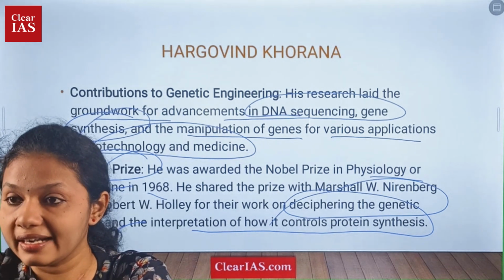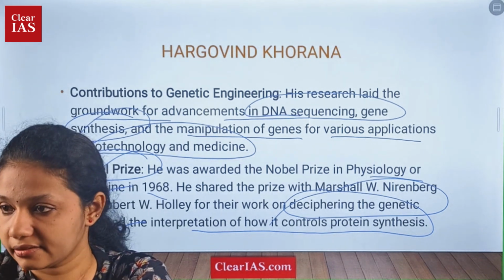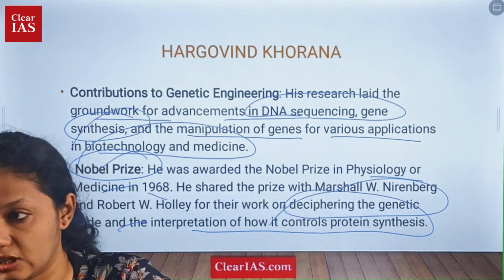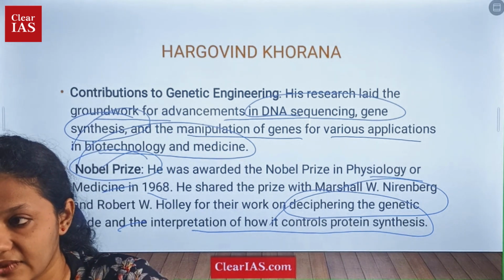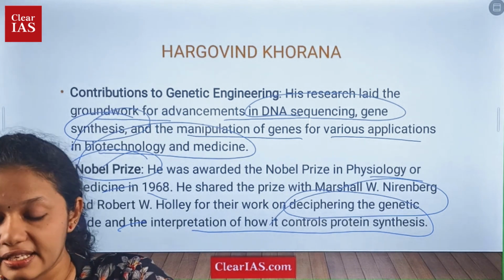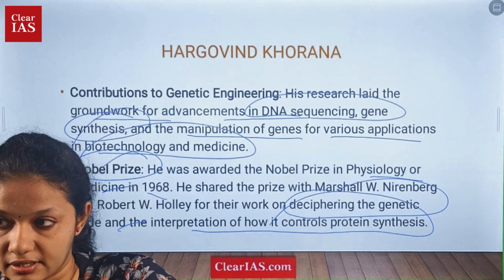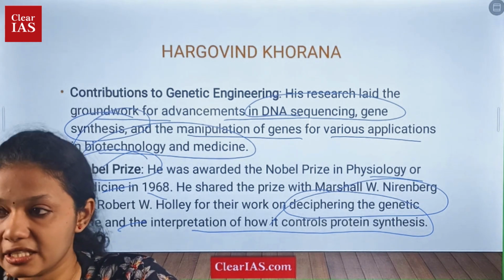The BT gene provided for the formation of toxoid. Toxoid relates to toxins. What do you mean by toxins? Poisonous. Toxoid is the subform or inactive form of a toxin, and this is present in the BT cotton.